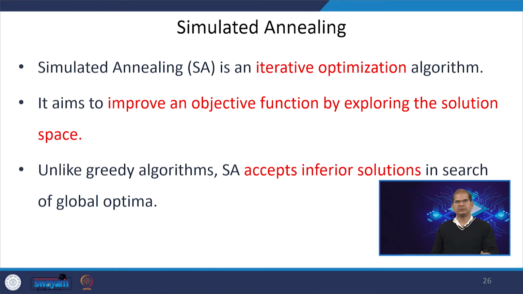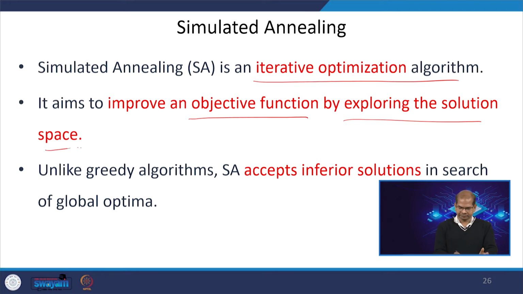Then we will discuss the most popular algorithm, which is called simulated annealing. Here it takes the temperature into account while optimizing the objective function. This is an iterative optimization algorithm, where we improve the objective function by exploring the complete solution space.